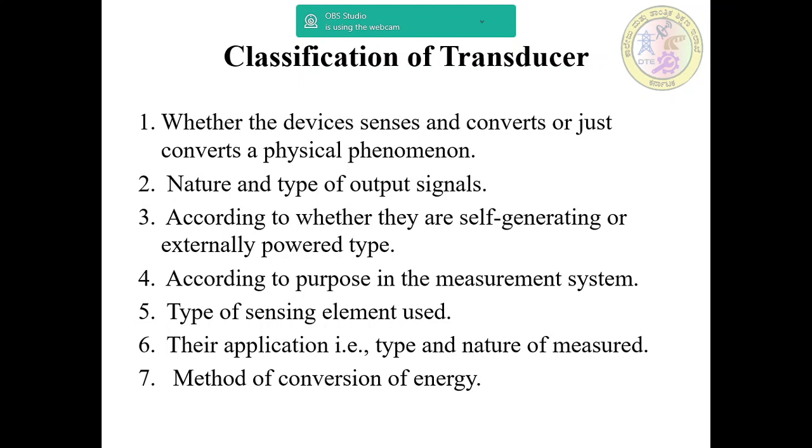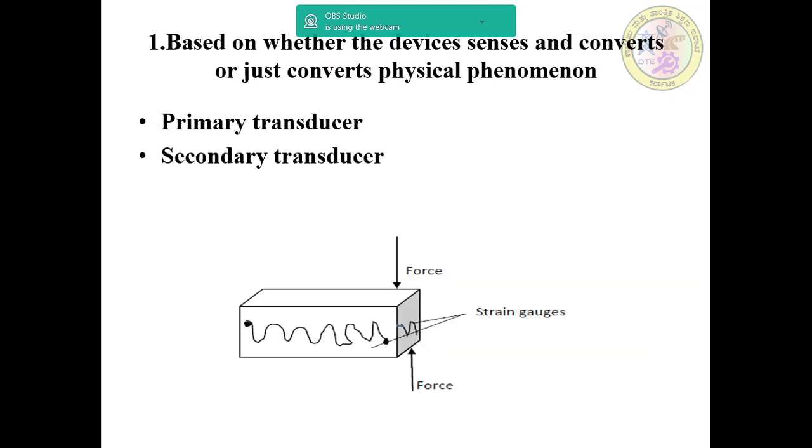Next is according to whether they are self-generating or externally powered. Next is according to purpose in the measurement system. Next is the type of sensing element used, their application, that is type and nature of measurand. Next is the method of conversion of energy. We will discuss one by one.